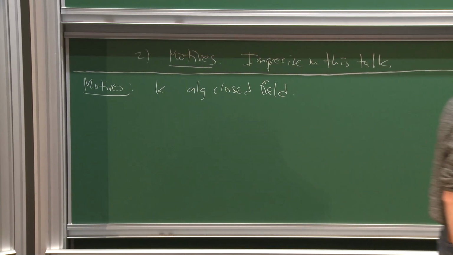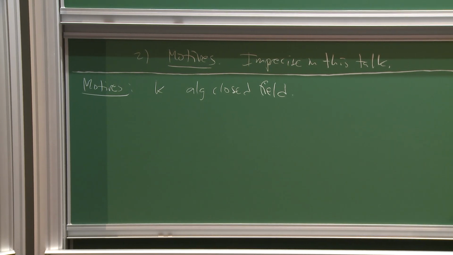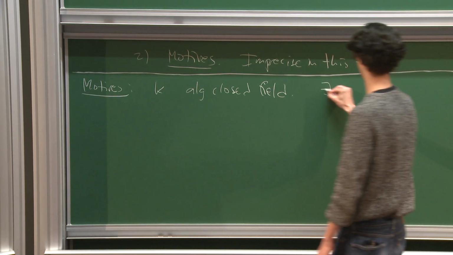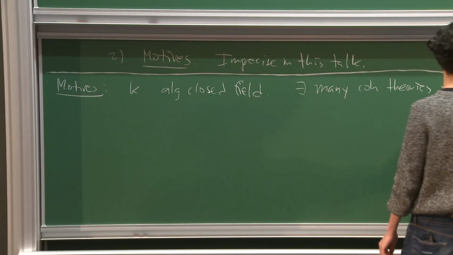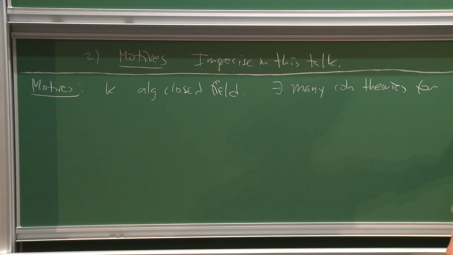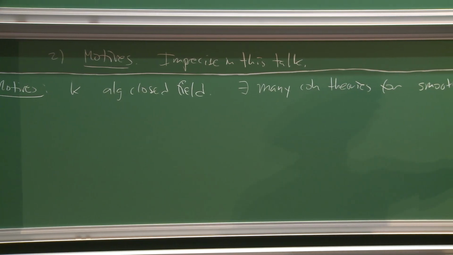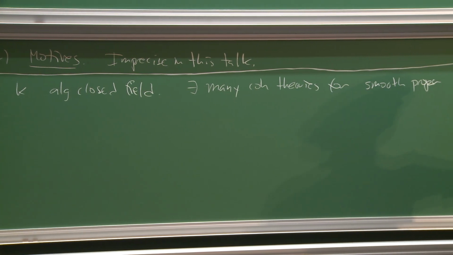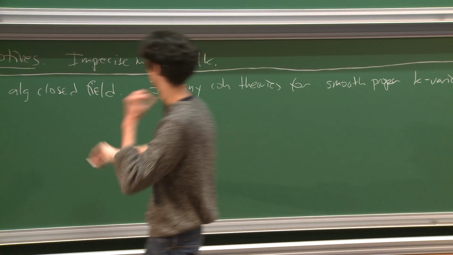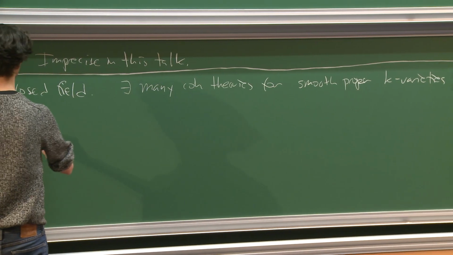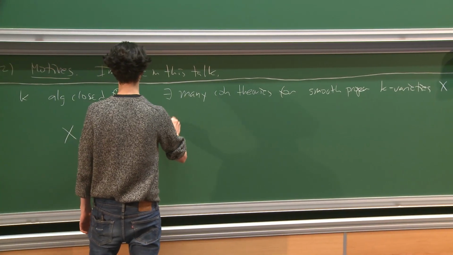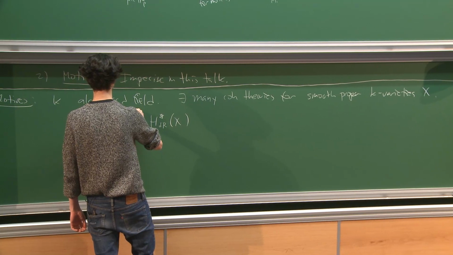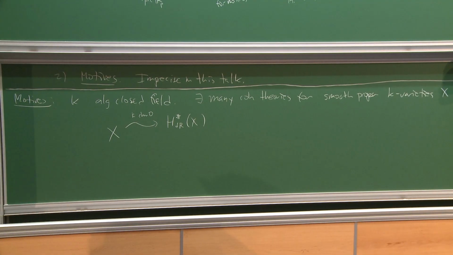Then the phenomenon that motivated the theory of motives was that there are many different cohomology theories for smooth proper K varieties. So for example, you have de Rham cohomology. Let's just say K is characteristic 0 for our purposes here.